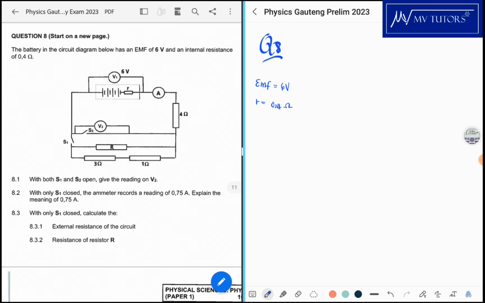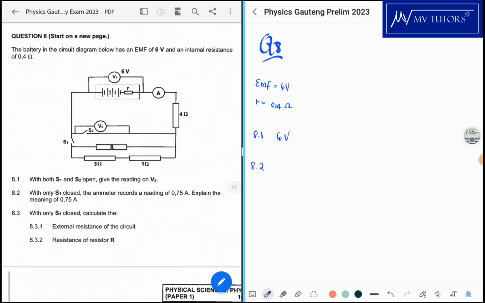So 8.1, with both S1 and S2 open, give the reading on voltmeter V2. Whenever you have your switches open, the voltmeter will actually read what's on the EMF, because it's parallel to the EMF. So in this case it would be 6 volts.